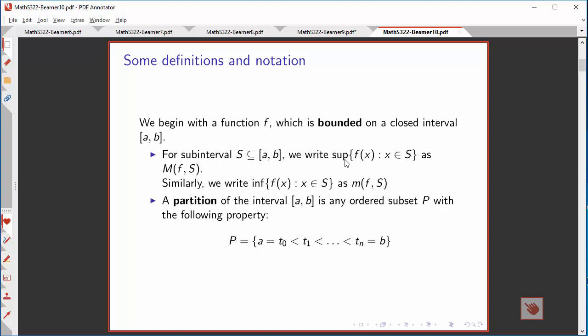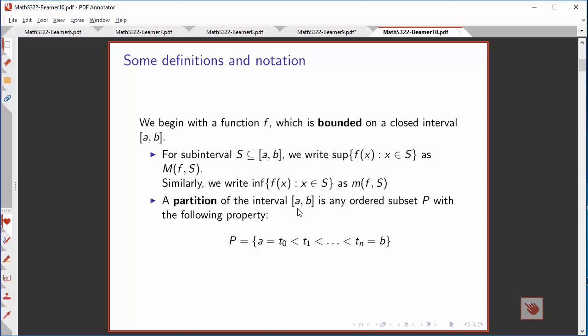The function is bounded, so this supremum necessarily exists, and I'm going to denote it by capital M of f and S. This is the supremum of the function f on the subinterval capital S. And similarly, I'll write the infimum of the function on that same subset as little m of function f on subset S. Finally, I have to define a partition of this interval from a to b.